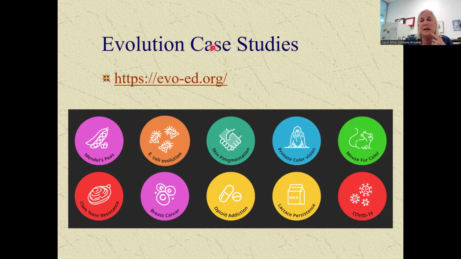These are really, really interesting, and they can apply to a whole lot of different courses. So clam toxin resistance, I probably wouldn't use in anatomy and physiology, but I would use breast cancer, opioid addiction, and lactose persistence. There's something a little bit for everybody in these case studies as well.